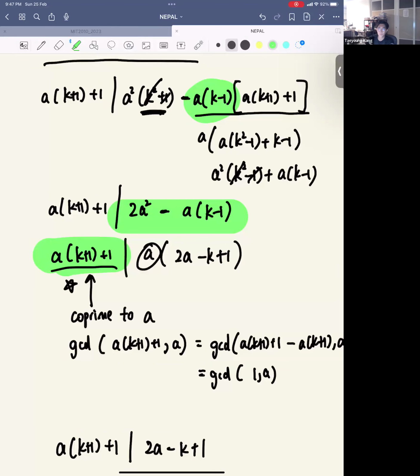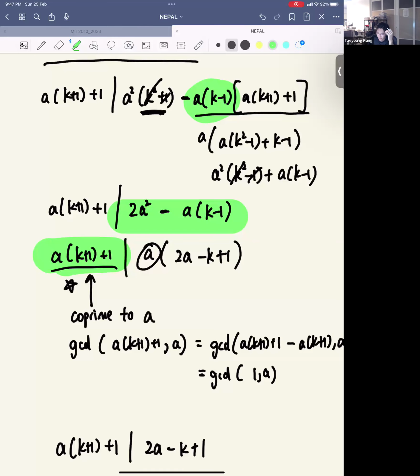So I can give you an example. If I give you the number 3 and I give you 10, 10 is a multiple of 3 plus 1, right? 10 and 3 are obviously coprime because once you divide 10 by 3, you get a remainder of 1. So you can think of the Euclidean algorithm as dividing the other number by the initial number, looking at the remainder, and considering the greatest common divisor between the remainder and the original number.